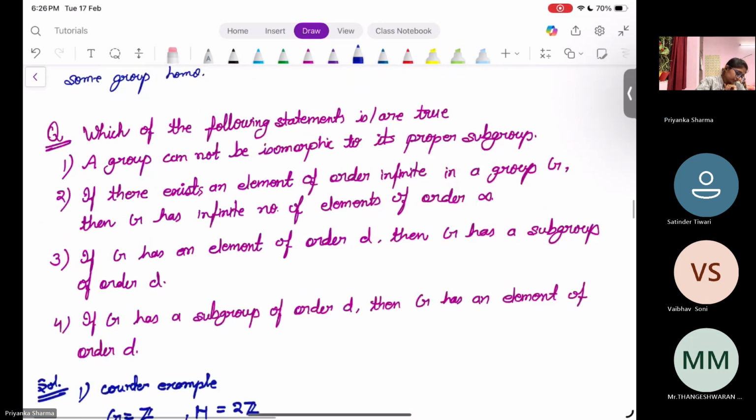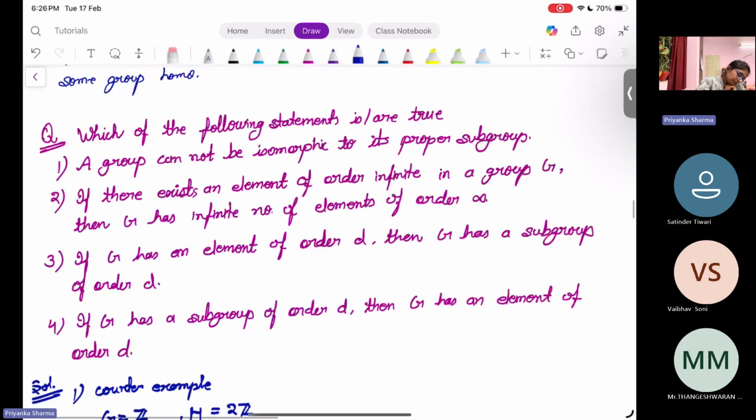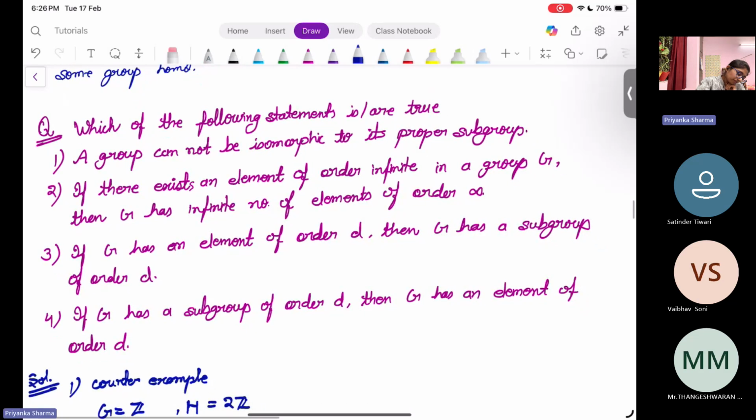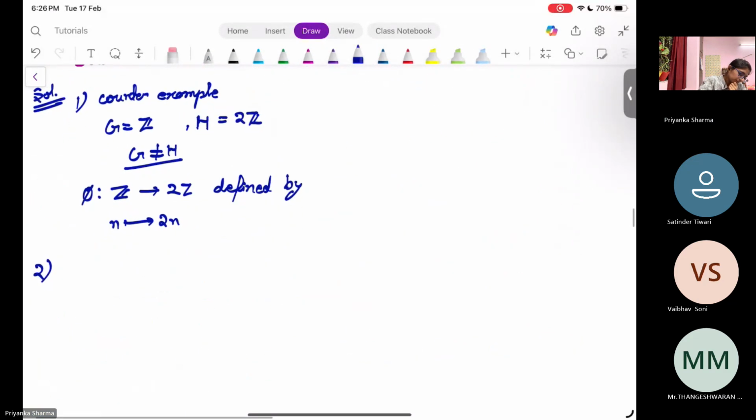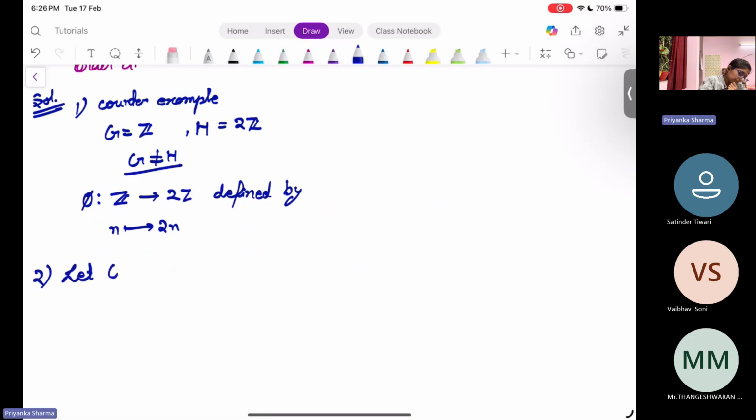Second, if there exists an element of infinite order in a group G, then G has an infinite number of elements of infinite order. Okay, so let G be a group and there is some a belonging to G such that the order of a is infinity.